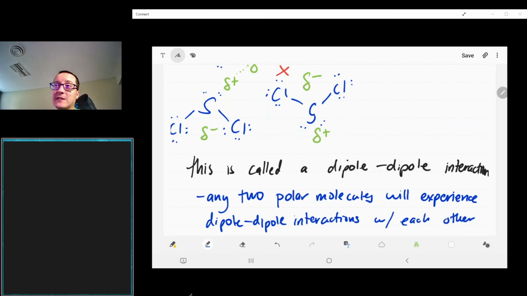And we're going to see that this is going to attract them to each other. We're going to talk a little bit later about the ramifications or consequences of what happens when molecules are attracted to each other. But suffice it to say right now that polar molecules will be attracted to each other through these dipole-dipole interactions.